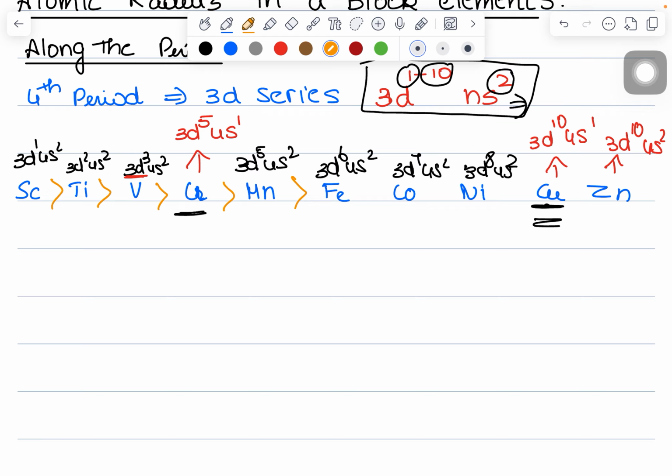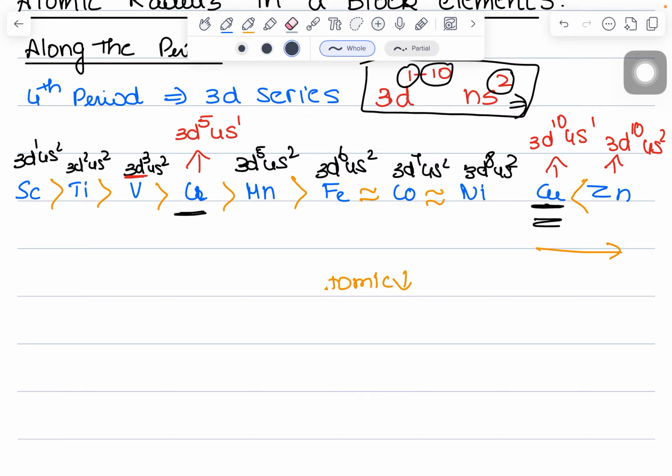From iron, cobalt, nickel, all have a similar atomic radius. From copper to zinc, it changes. What we know is atomic radius along the period decreases, but here it increases. Zinc has a greater atomic radius.